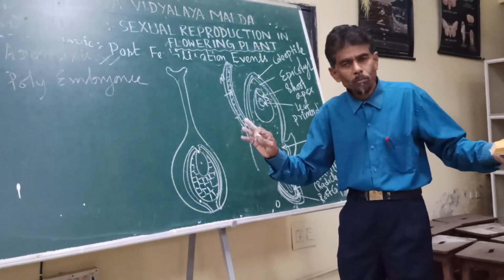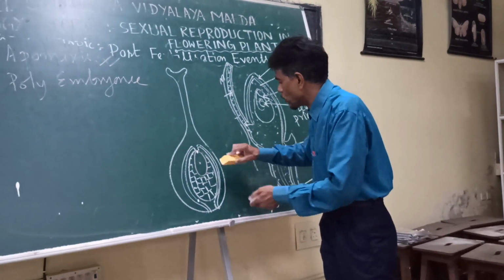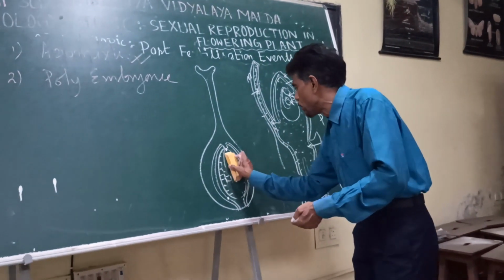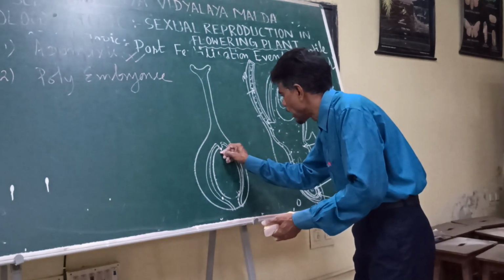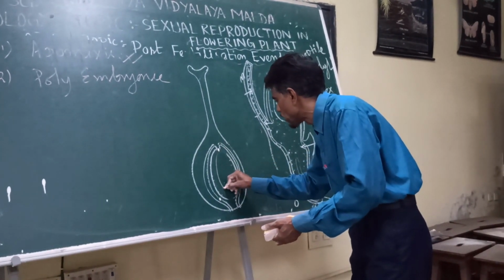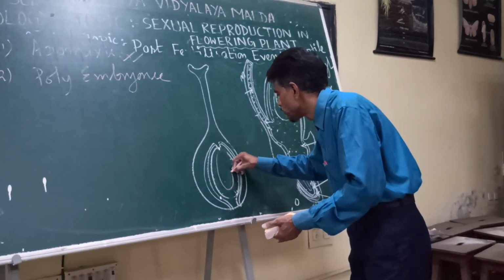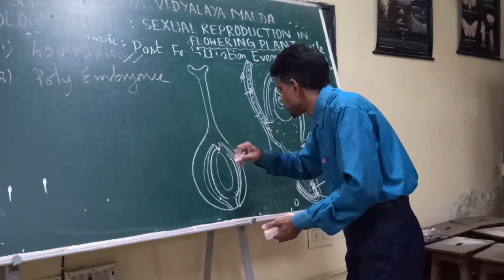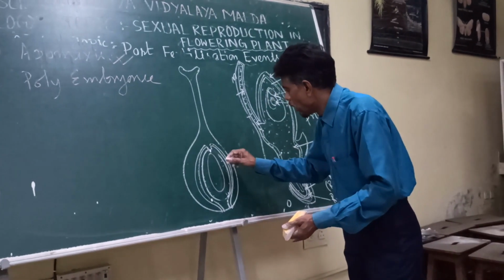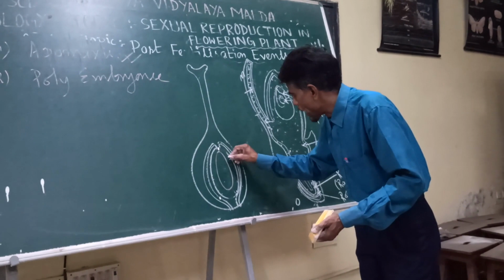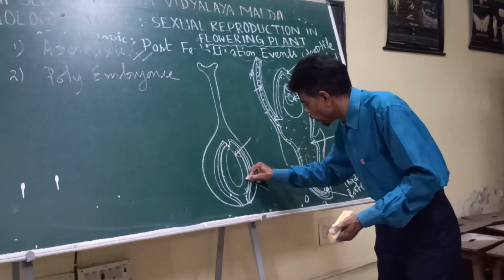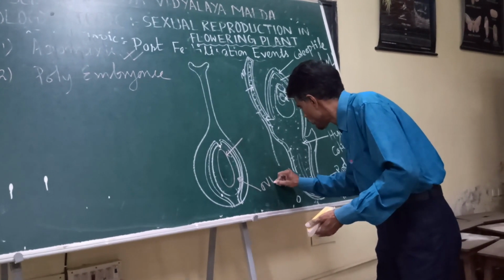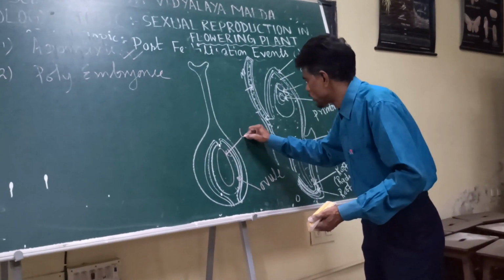Is that clear to you? Around the embryo sac, what is there? If I draw a bigger embryo sac, this is the embryo sac, developed within the ovule.